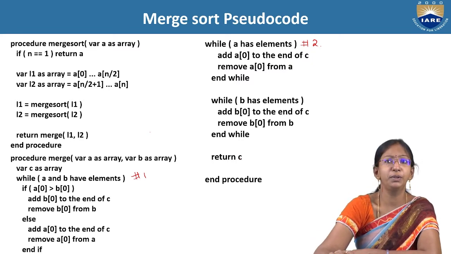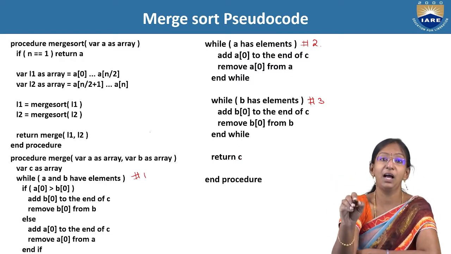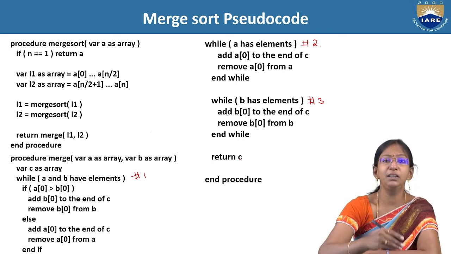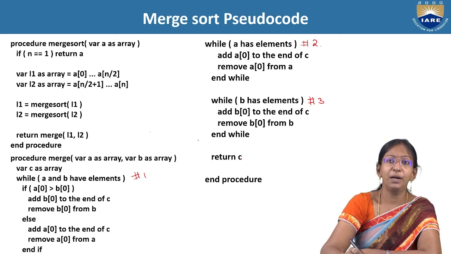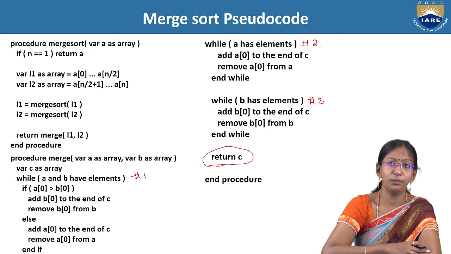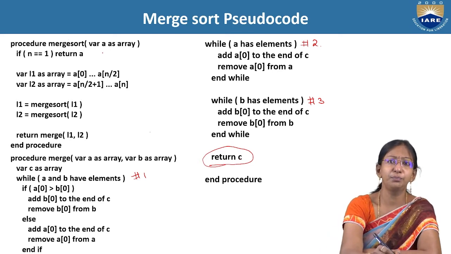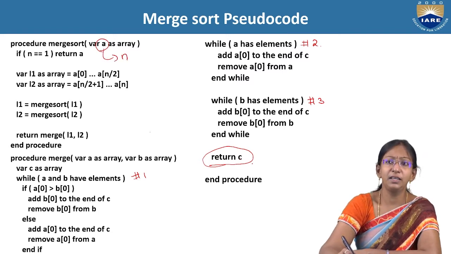Leftover elements in A, copy them into C. Or you may also get a third case, where the elements in A are over, but B is still having a few elements. In that case, copy the elements in B to the final list C. So by the end of this function, you are going to return C, which is the final list that holds the sorted result. Remember, guys, A is the input list of size n and C is the final list of size n. Get my point?